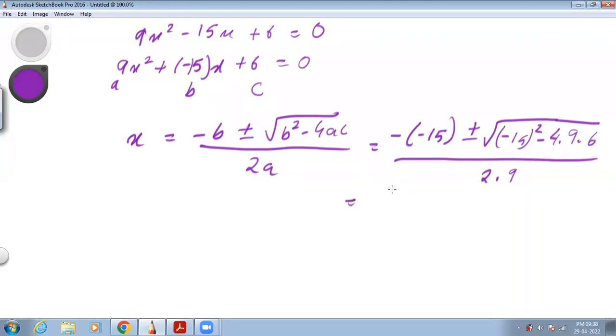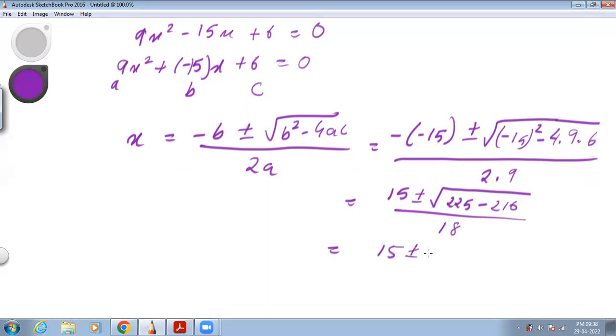So minus of minus 15 you get 15 plus minus root over inside: minus 15 whole square is 225, minus 4 into 6 is 24, and 24 nines are 216. So 9 twos are 18. So you're going to get 15 plus minus square root of 225 minus 216, which is 9, by 18.